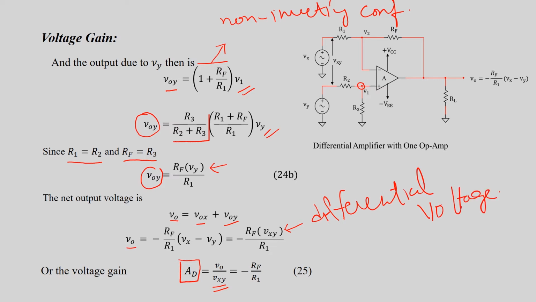So that is minus of RF by R1, just by simple manipulations, that is we can make R1 equal to R2 and RF is equal to R3. So we have made the differential gain equal to that of an inverting configuration, that is minus of RF by R1.